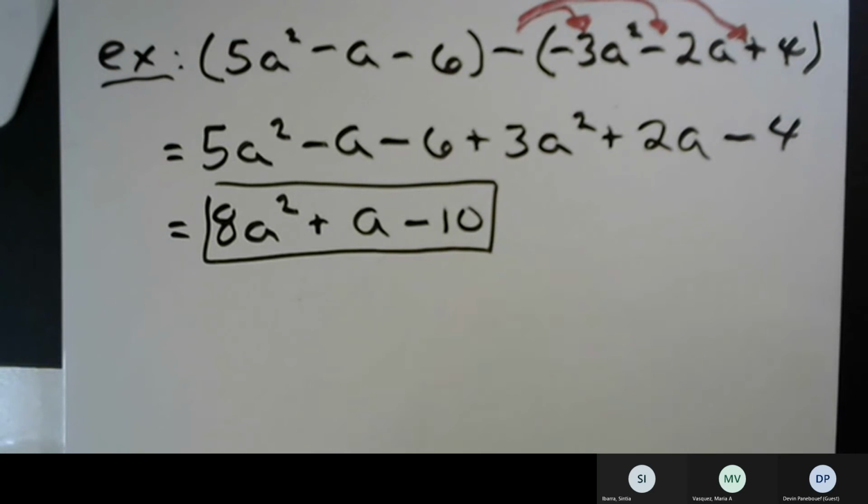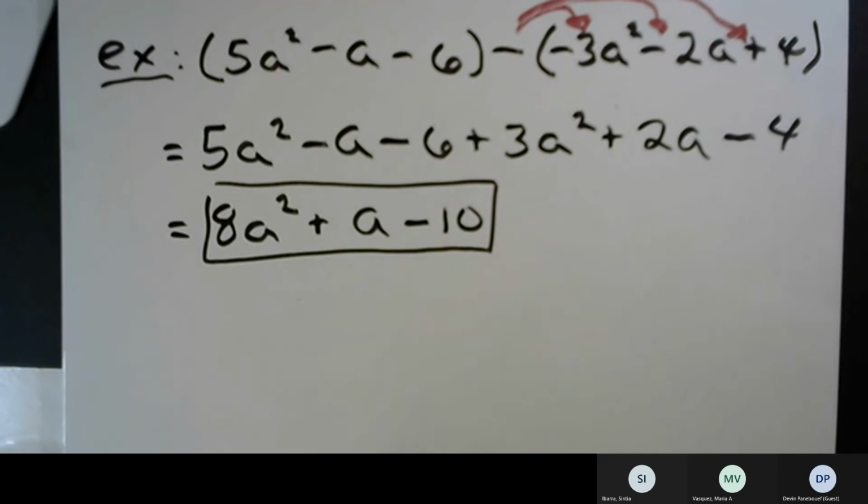So questions about that? So that's pretty much it for adding and subtracting polynomials.